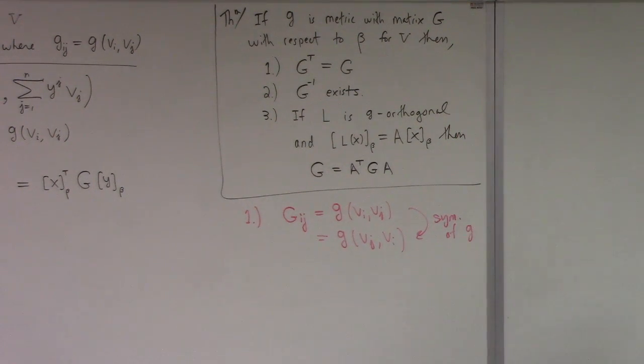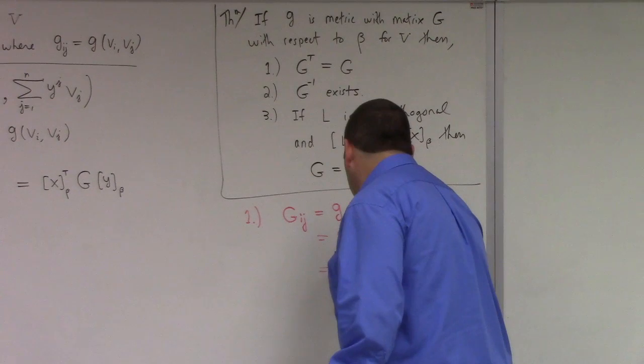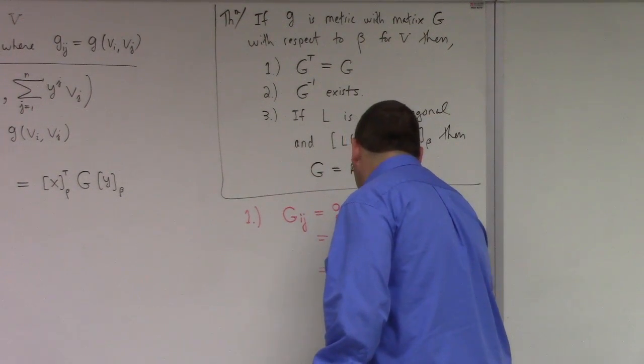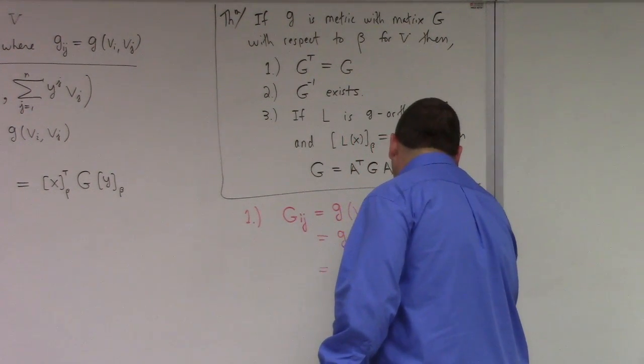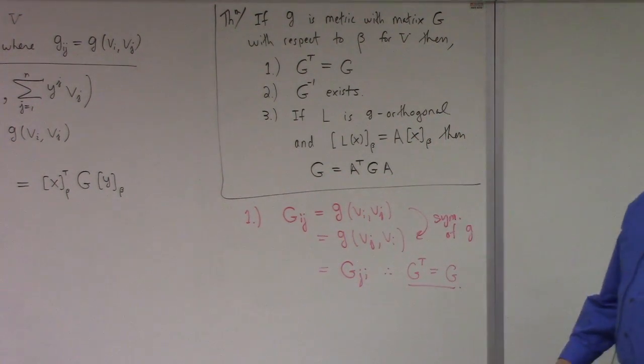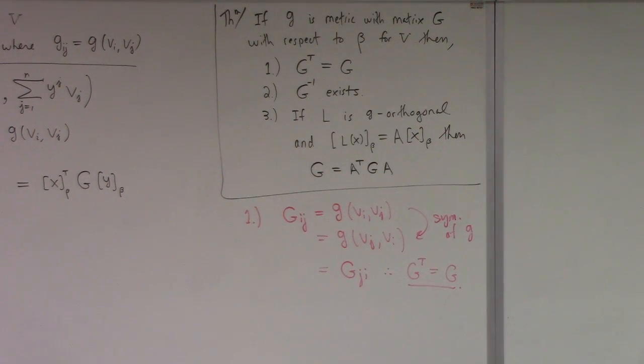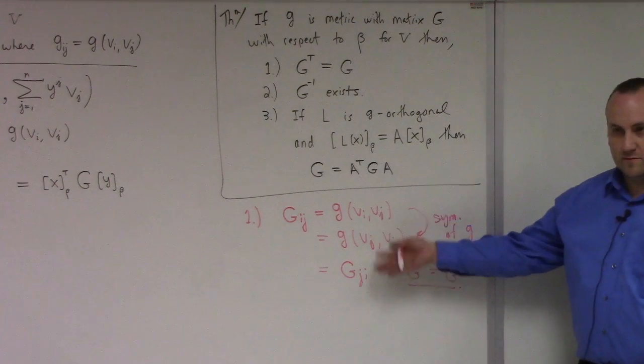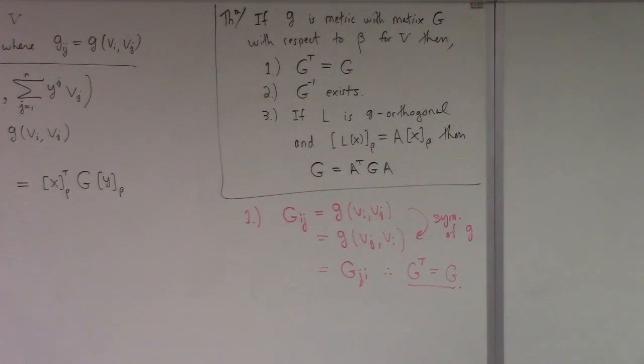But that is by definition G ji. Therefore, G transpose is equal to G. It's a symmetric matrix. A symmetric bilinear form has a symmetric matrix. I proved this for an arbitrary symmetric bilinear form last time. I'm just proving it in this particular context. Obviously this has nothing to do with the non-degeneracy.